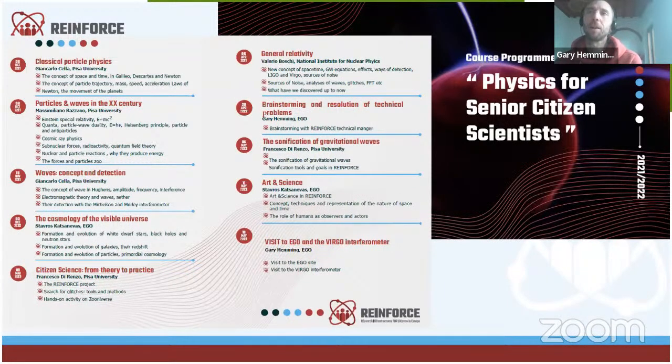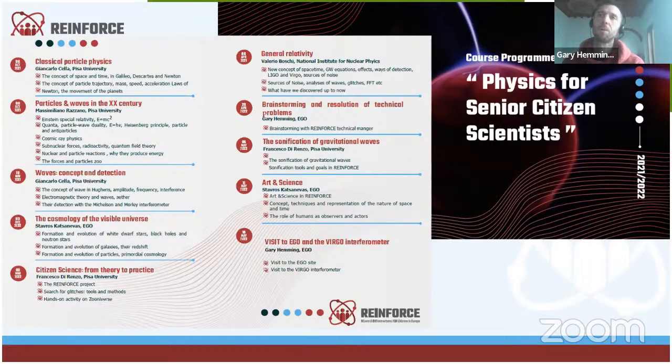Another innovative aspect of the project has been a course that we've developed on physics for senior citizen scientists, which was run essentially by EGO and the University of Pisa. We've done this with a local group here in Cascina, near to Pisa, not far from where the Virgo Director is located. And that was a big success.